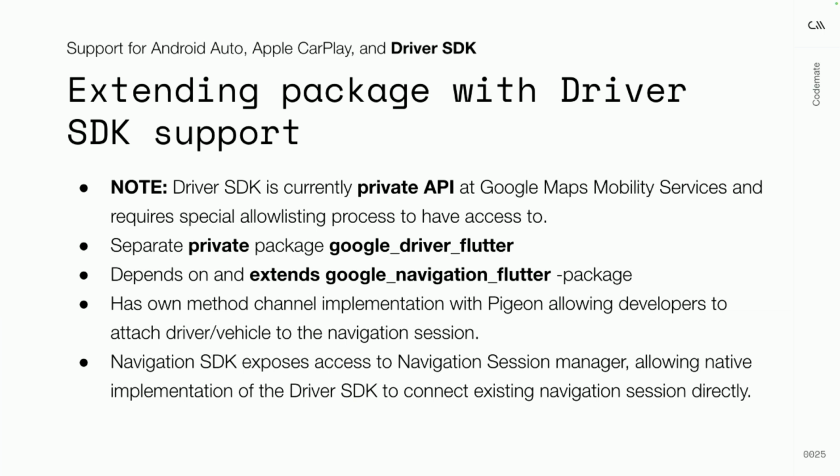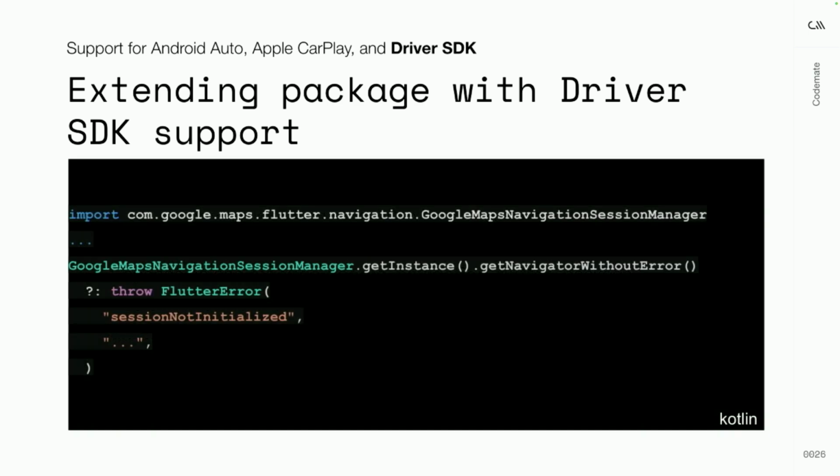It has own method channel implementation with Pigeon, allowing developers to attach driver and vehicle to the navigation session. And Navigation SDK exposes access to Navigation Session Manager for this SDK implementation. And there's a simple code example how it's done in the driver SDK on the native side.